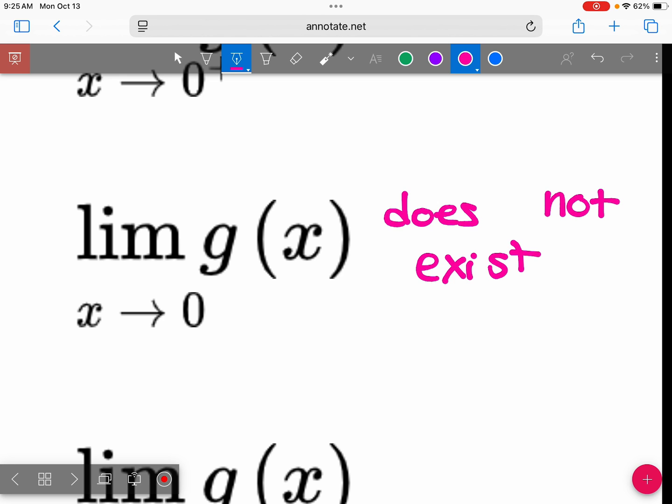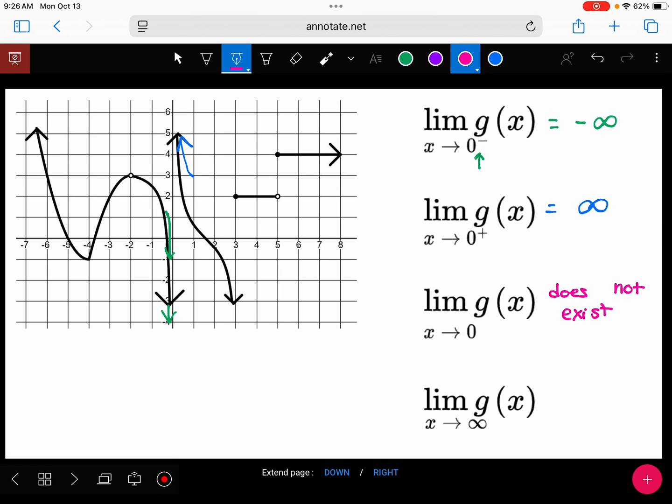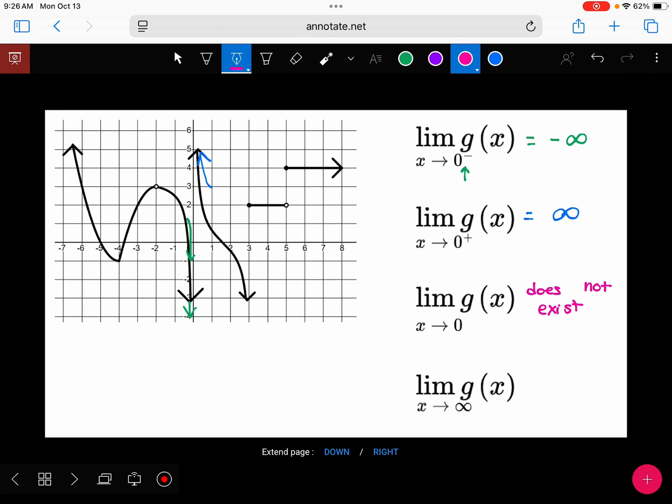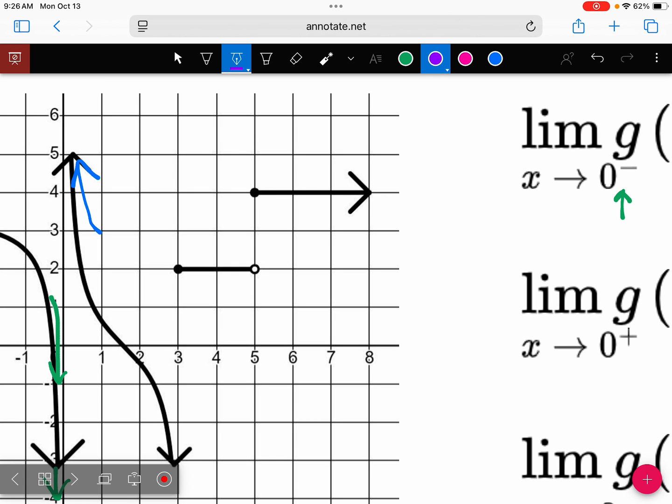So what happens as x gets bigger and bigger and bigger, as x approaches infinity, what happens to our y? It's going to stay at 4. Because we have a straight horizontal line right here with an arrow. That sucker is going sideways. No matter what happens, this guy is continuing. I could grab my little line here and continue it out.